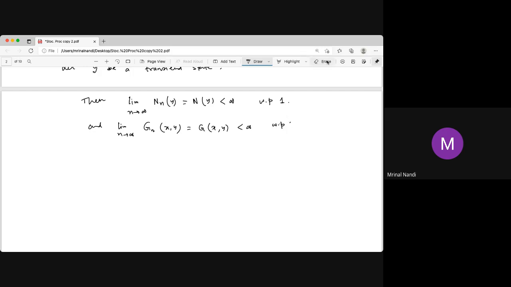Oh, sorry, we take the expectation, so no question of with probability 1. It is for all x belonging to the state space. That means if you take the expectation, the expectation is equal to this, since it is with probability 1.